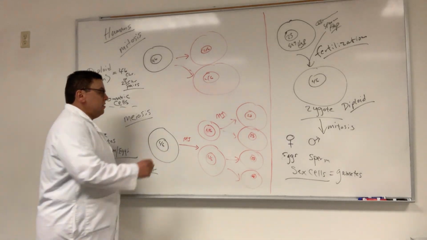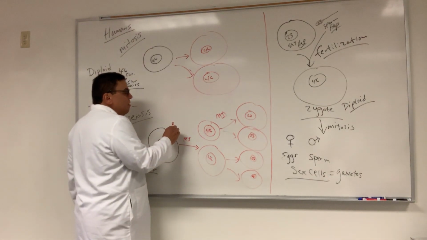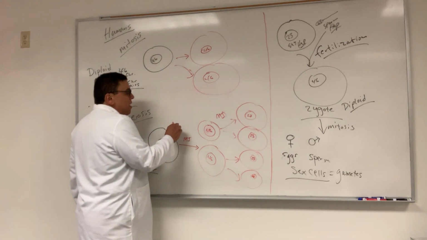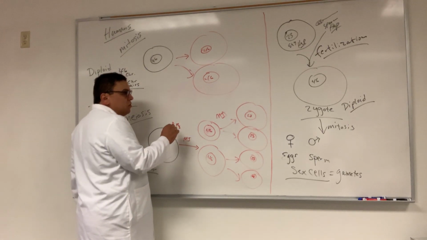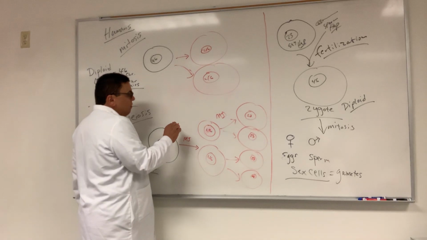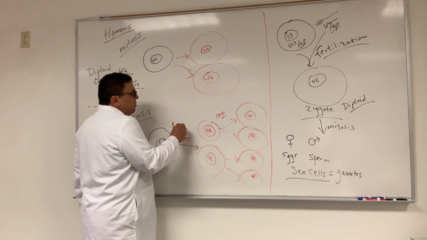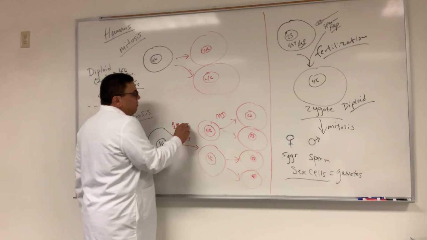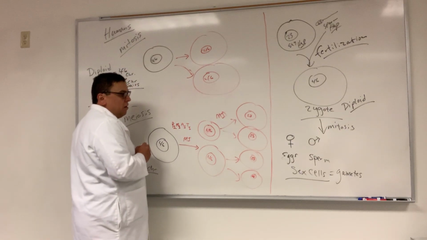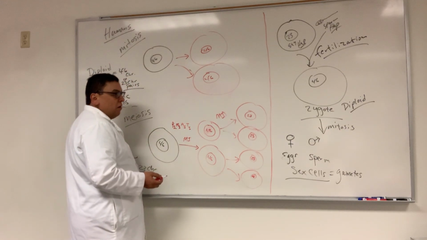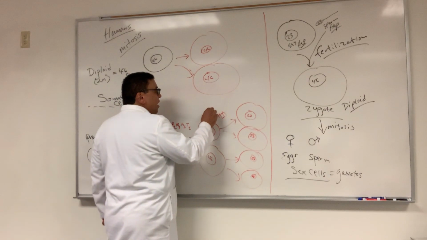The names of the events are pretty much the same in your book. They have Prophase 1, Metaphase 1. Notice there's no prometaphase between them. Anaphase 1, Telophase 1. That's meiosis 1. In meiosis 2, can you guess?